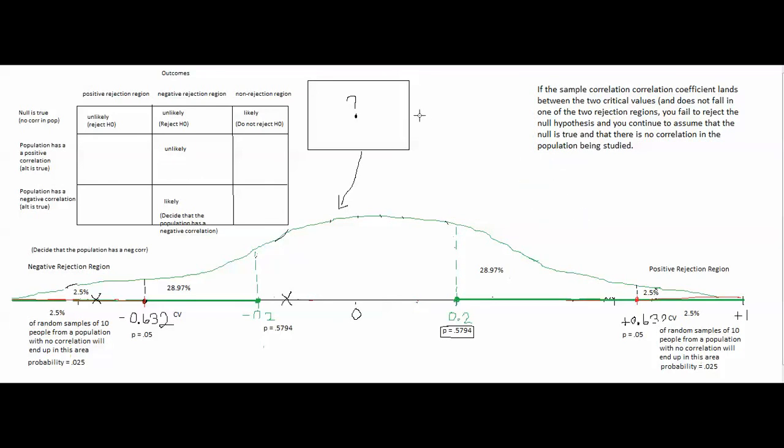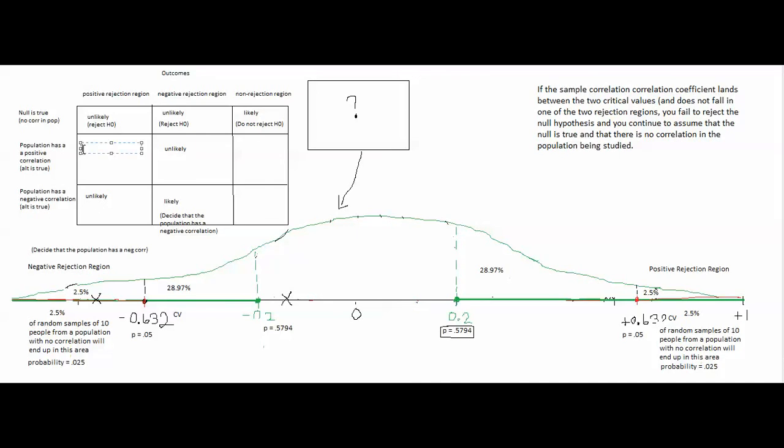So the outcome is unlikely to land in the positive rejection region if the population has a negative correlation. So if our outcome ends up out here, we reject the null hypothesis, and we also reject this other possibility.